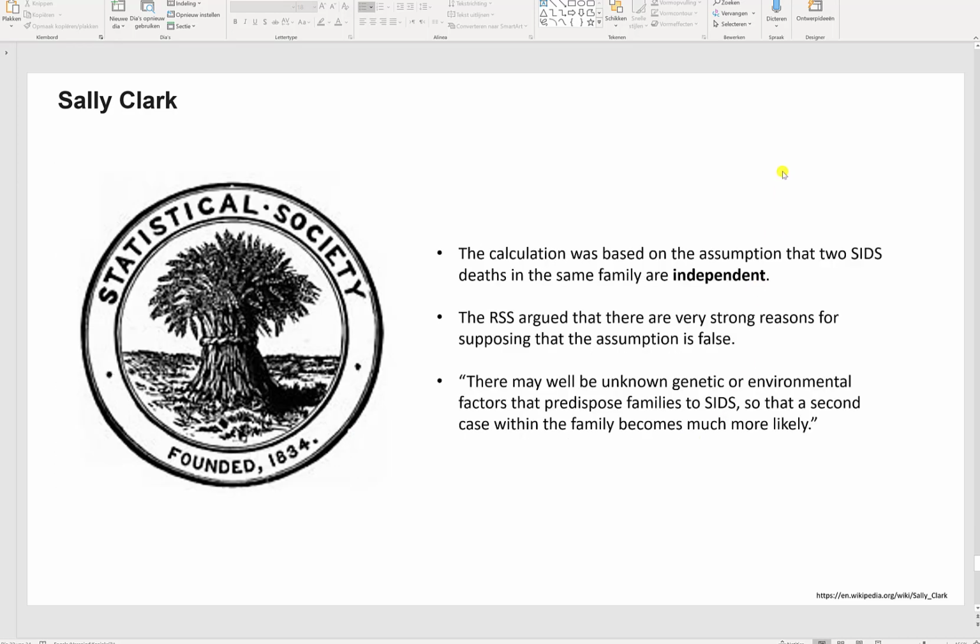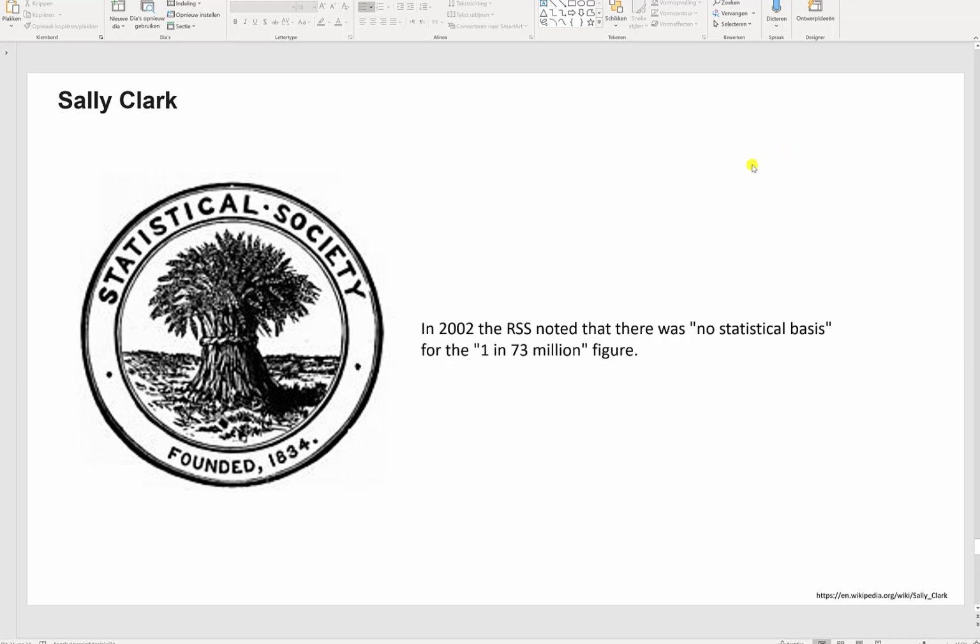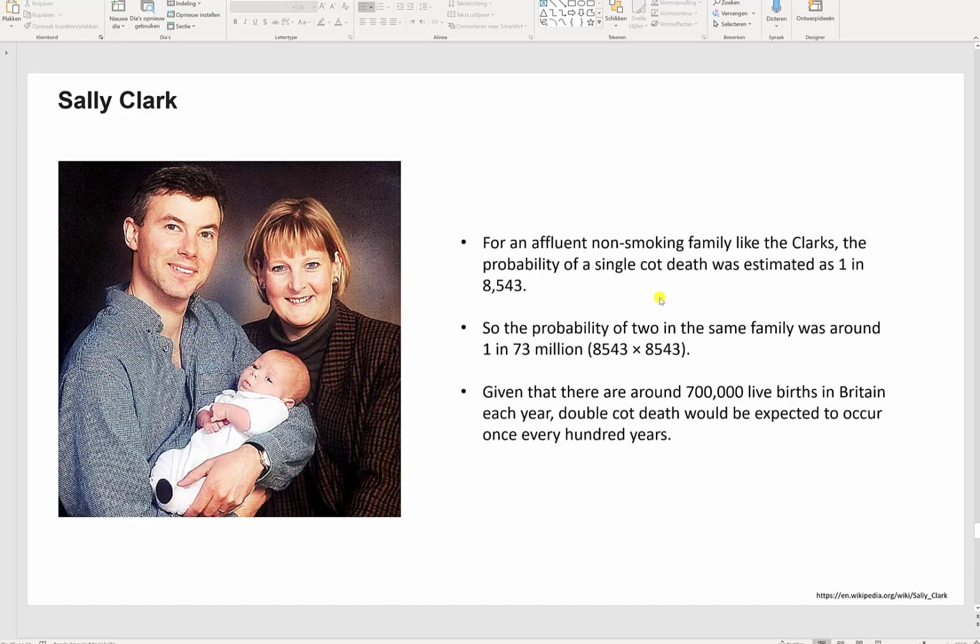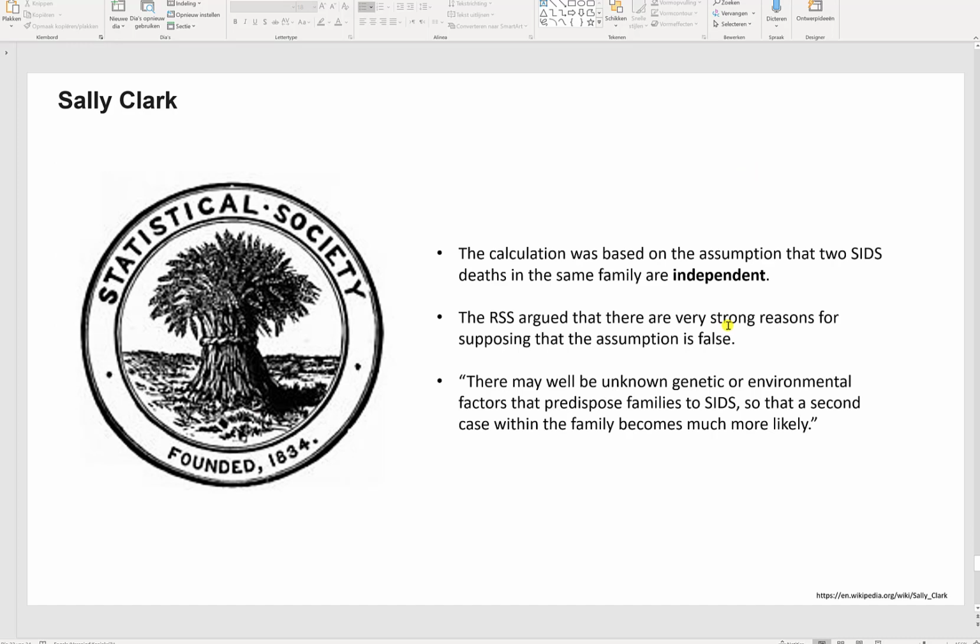Luckily there are some statistical institutions that look into this, right? And so they actually wrote a report on this. The calculation was based on the assumption that the two deaths in the same family are independent, right? So that's why they multiplied the numbers here, by the assumption that they are independent.